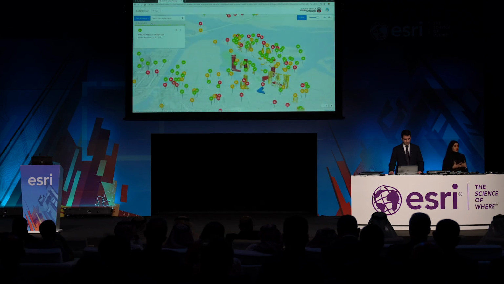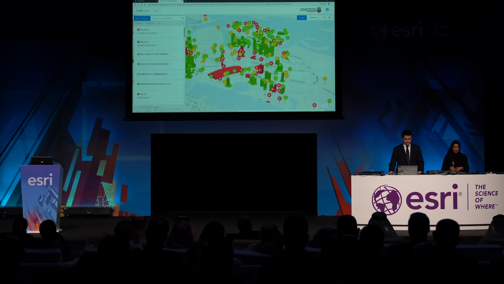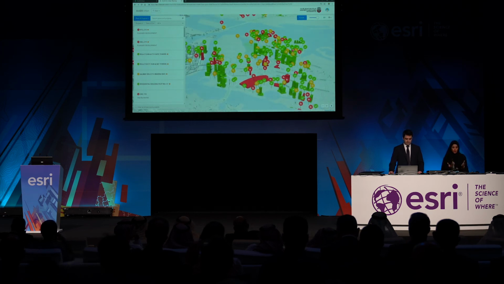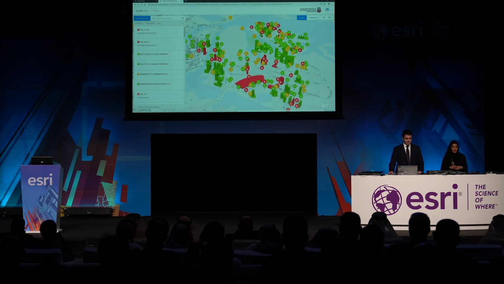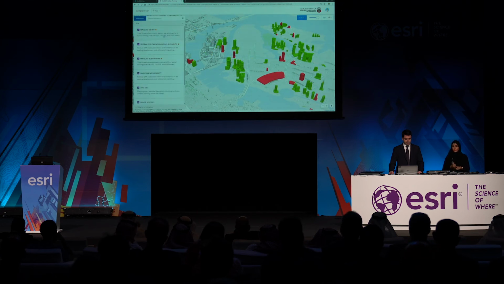ArcGIS Urban can interface with the building database management system and establish a common operating environment across all departments in the municipality. An immersive model of what's being planned, what's being built, and where.